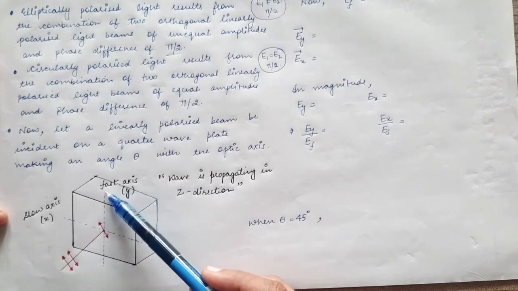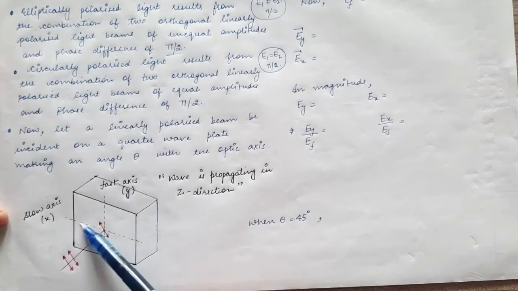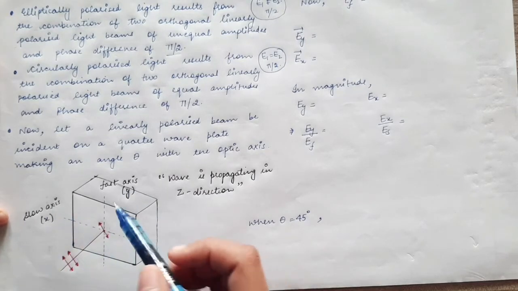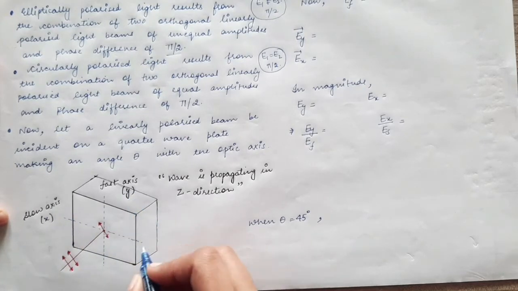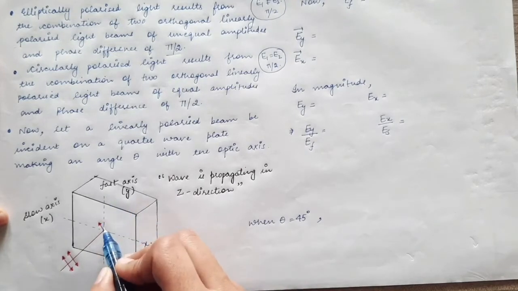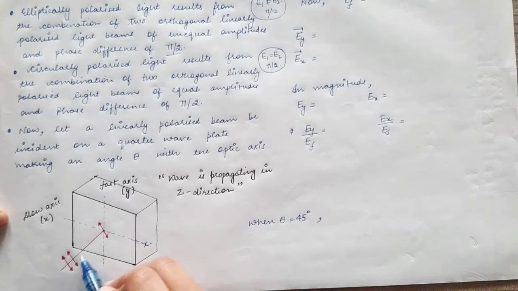Let's say this is the fast axis, which is the optic axis, and the one perpendicular to it is the slow axis. Let this be the x axis and this the vertical y axis, and the light wave is propagating along the z-axis.